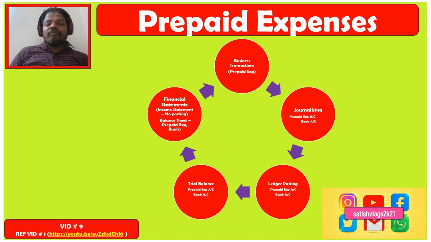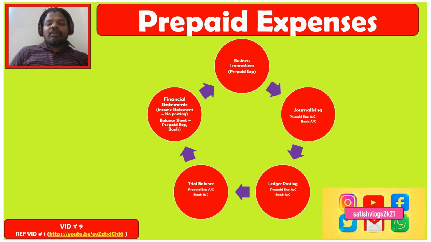Now let's move to the fourth phase of an accounting cycle, which is the trial balance phase. What is this phase all about? Trial balance is nothing but the summary of the balances of the ledger accounts. So we have opened two ledger accounts as part of the third phase of an accounting cycle. One is the prepaid expense account and the other one is the bank account. So the balances for these two accounts are required to be updated in the trial balance phase.